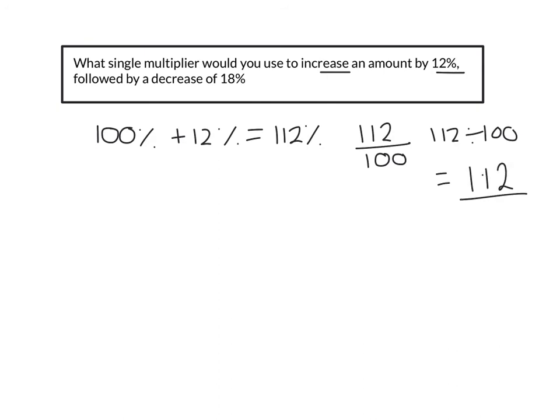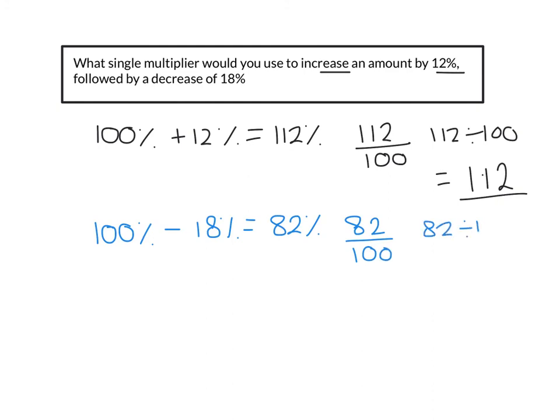And then a decrease of 18%. I start off with my 100%, I'm decreasing by 18%, so I'm taking it away, which is going to give me 82%, which is 82 divided by 100, which is 0.82.